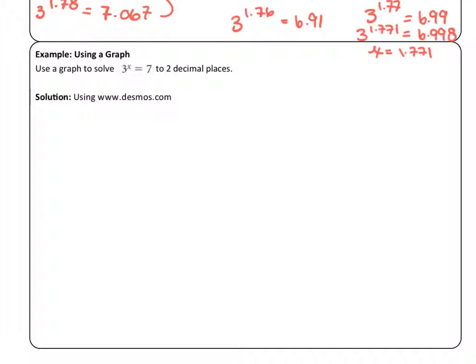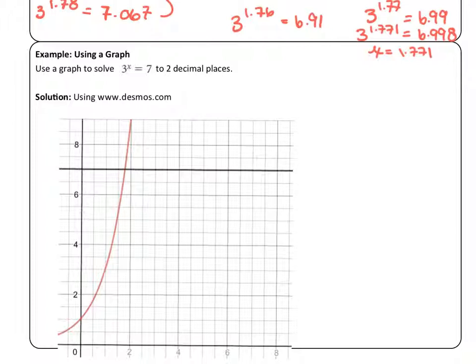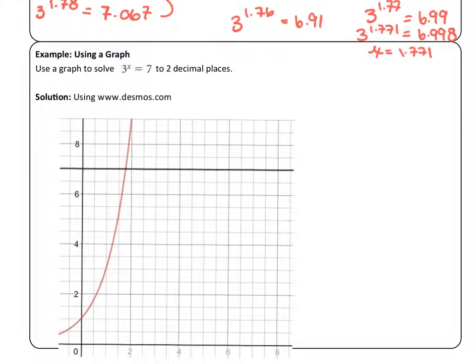But if you're actually on Desmos.com and you click the point here, it will give you the point, 1.771 and 7. When I went to save it with the point already there, it didn't want to save the point.